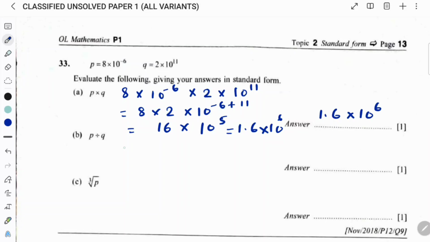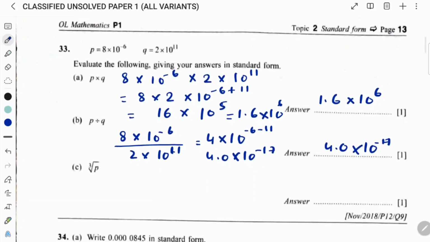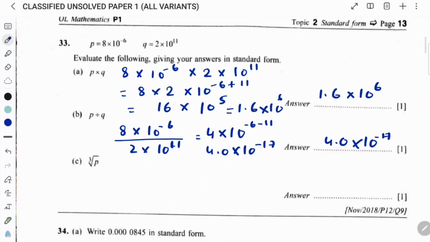Okay, P divided by Q, 8 into 10 to the power minus 6 divided by 2 into 10 to the power of positive 11. That is 4 into 10 to the power minus 6 minus 11, 4.0 into 10 to the power of minus 17. Okay. Now the next question, cube root part is cube root of P. So 8 into 10 minus 6, power 1 upon 3.